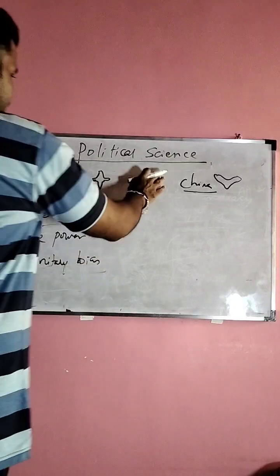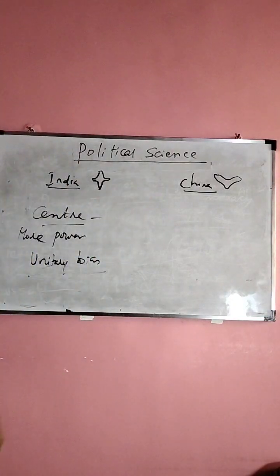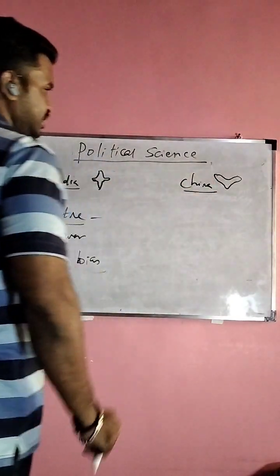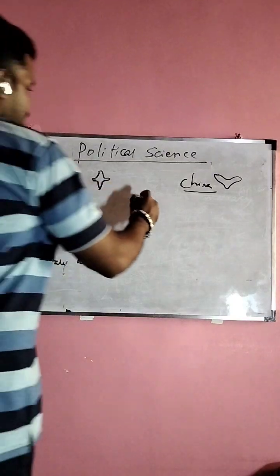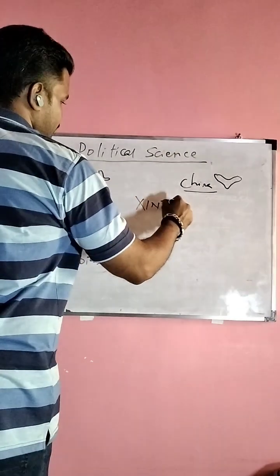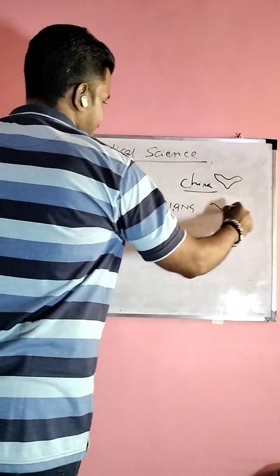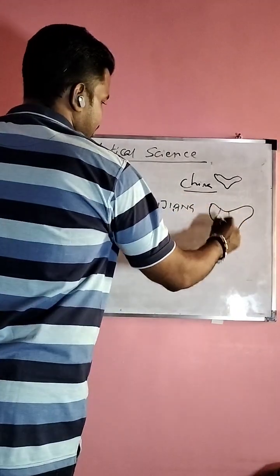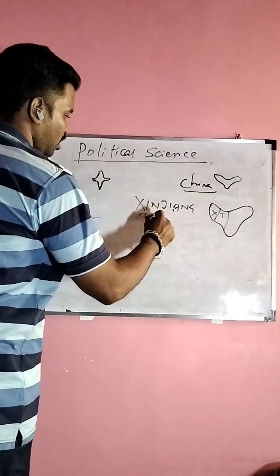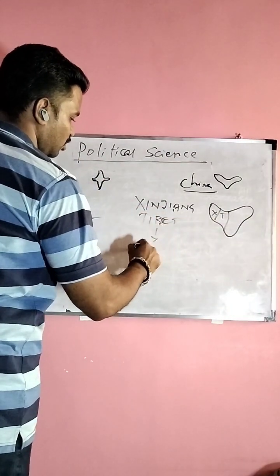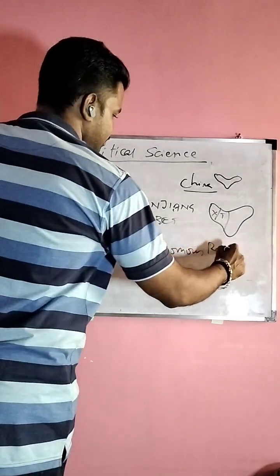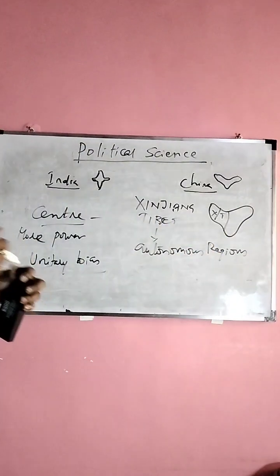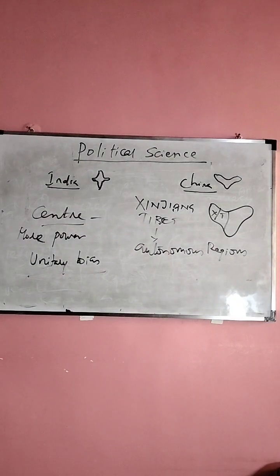Now come to China. The traditional approach told that China is unitary and not federal. But if you look at the devolution of power in China, China devolves power to the regions. The regions Xinjiang and Tibet are called autonomous regions. These are just two examples. There are other regions as well. Autonomous regions are provided autonomy by China.